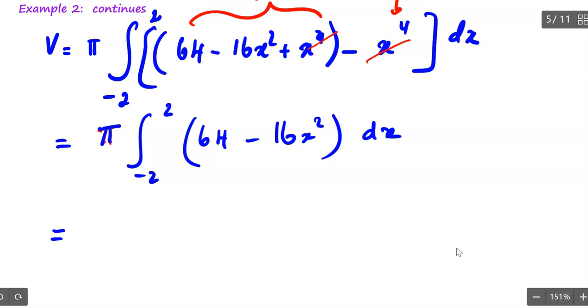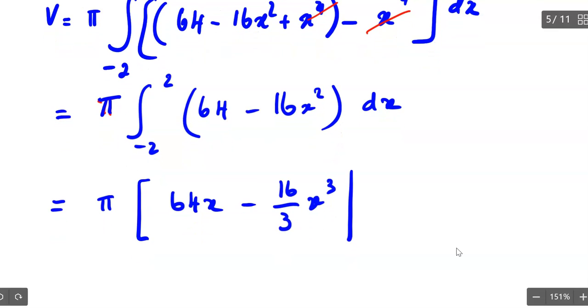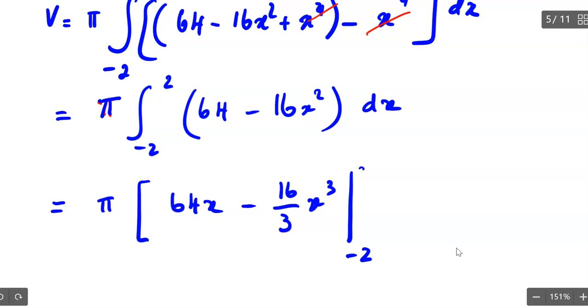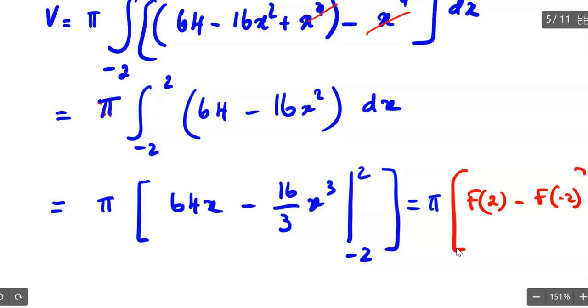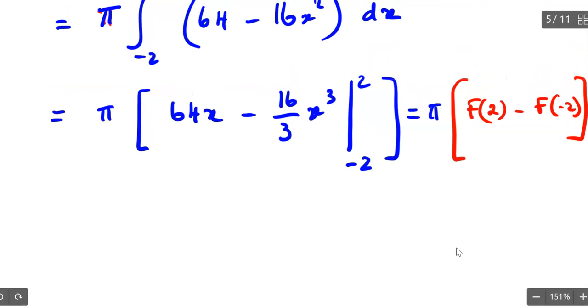Okay, so now pi multiplied by the integral of 64, which is 64x. The integral of 16x squared will be 16 over 3 x to the exponent 3. Okay, definite integral from -2 to 2. And now make sure that we remember that we apply the fundamental theorem to the f of 2, subtract the f of -2. Close the bracket. Okay, so we have to be careful here.